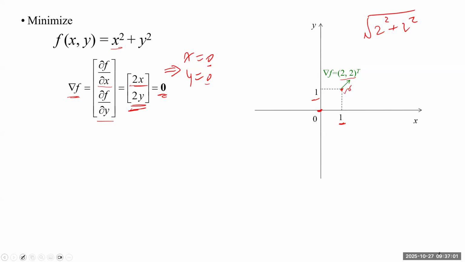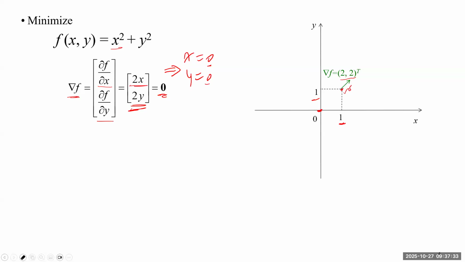And the direction will be a 45-degree angle, because both x and y gradient components are positive. It's pointing at a 45-degree angle. This verifies that if I arbitrarily pick a point at 1, 1, this point is definitely not a stationary point, because the gradient vector is not 0 and is pointing in a direction.